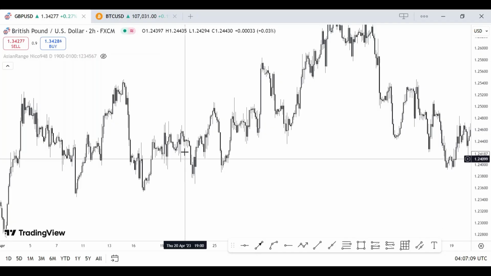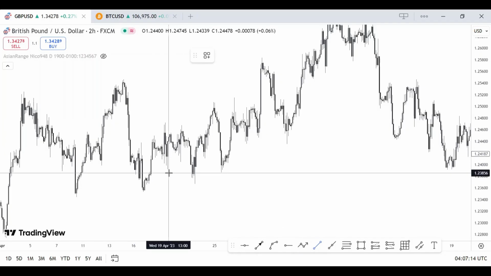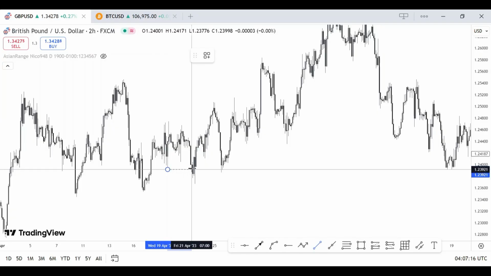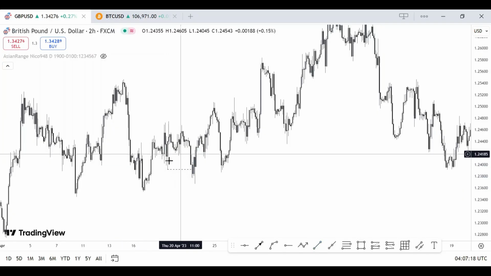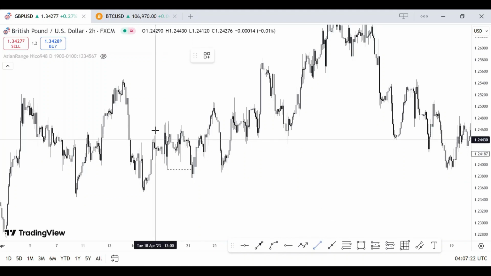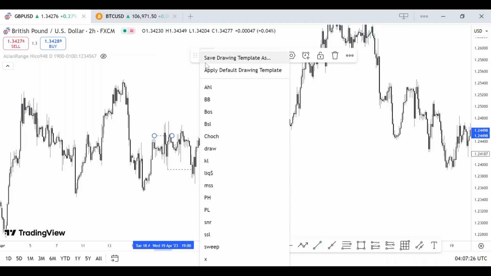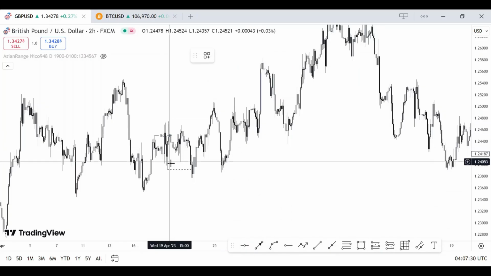And what the price did, price came back and swept it. Let me mark it here. You can see price broke to the upside here, creating a break of structure, and left a low to be swept out.